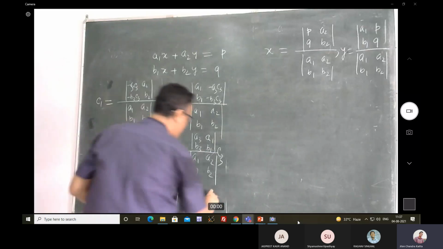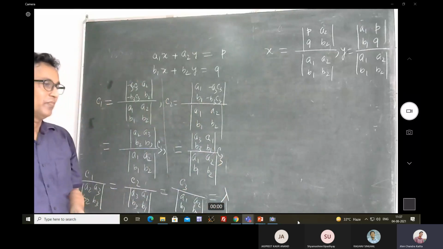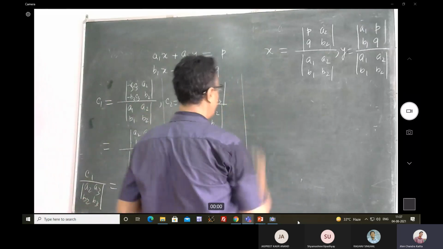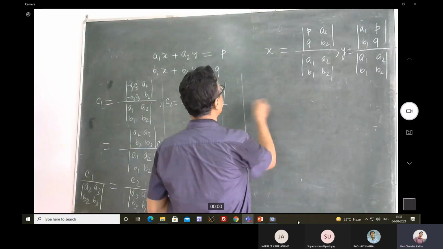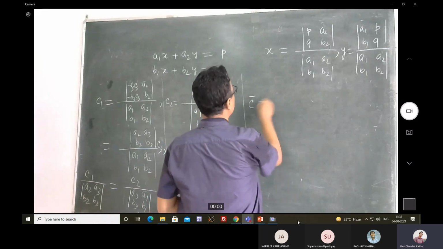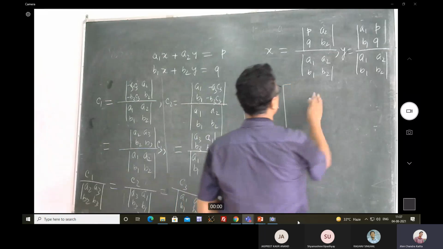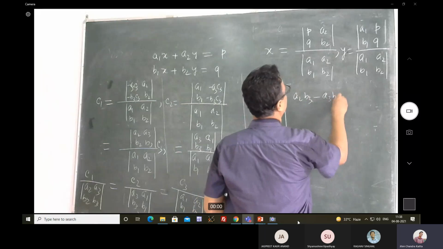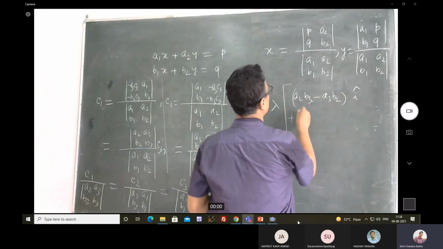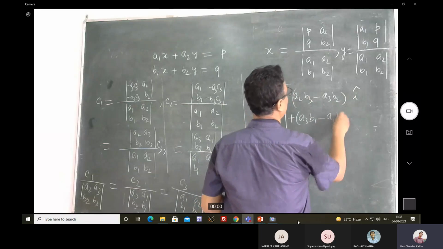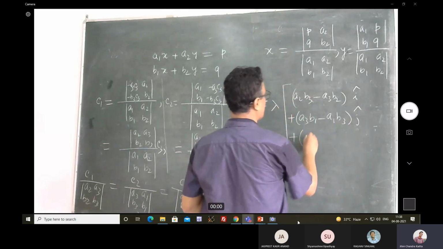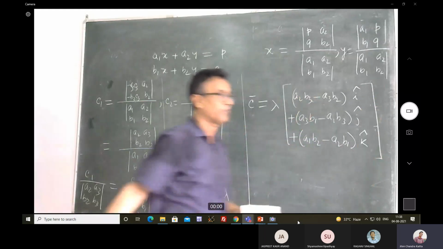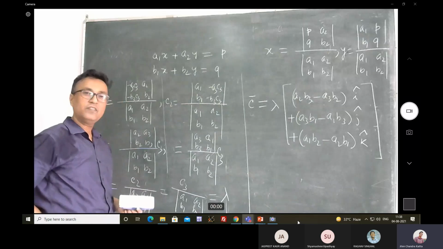And if I equate this to some non-zero scalar lambda, I simply get C equal to lambda times (A2 B3 minus A3 B2) I plus (A3 B1 minus A1 B3) J plus (A1 B2 minus A2 B1) K. Is it okay? Fine.